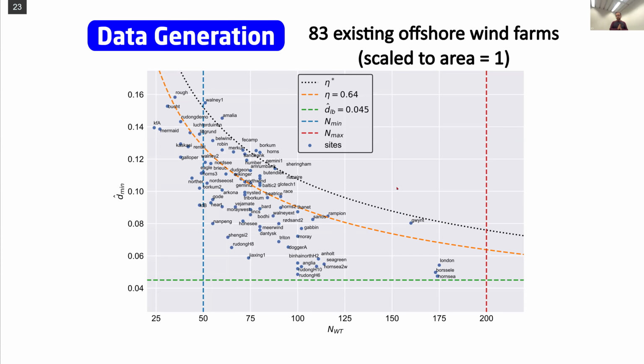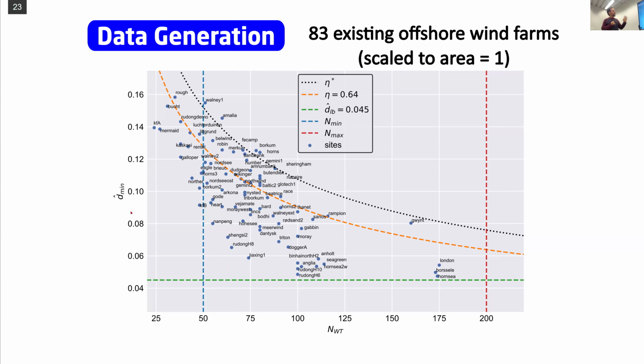So now shifting to data generation, I have 83 existing wind farm positions and site borders. And this is how they look regarding the minimum distance between turbines, which is a constraint on placing the turbines. You usually have something like 4 blade diameters between one turbine and the next, or 5, depending on the specifics.